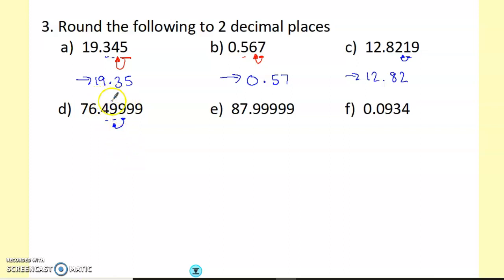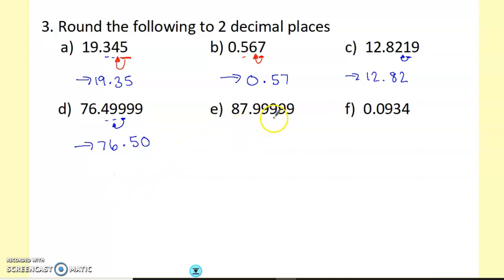You can think about it as 49 going up to 50. So that's going to become 76.50. Now, again, like I said before, normally we wouldn't mind whether you put that 0 in or not, but we need 2 numbers after the point. If you don't put that 0 in, you'll only have 1 number after the point, and you won't have rounded to 2 decimal places. So you need that 0 in this case. The only time that it is important is when you are rounding.